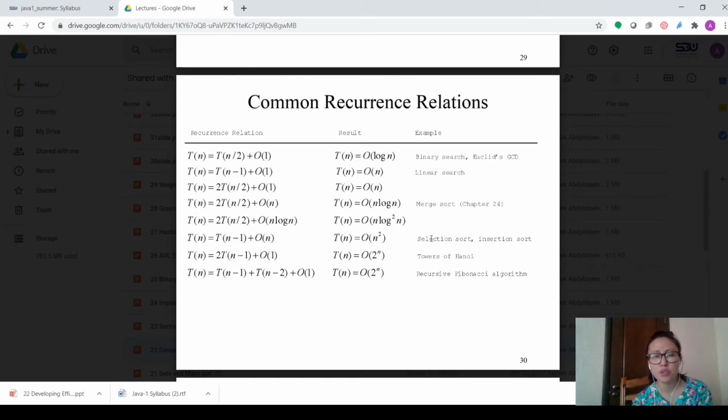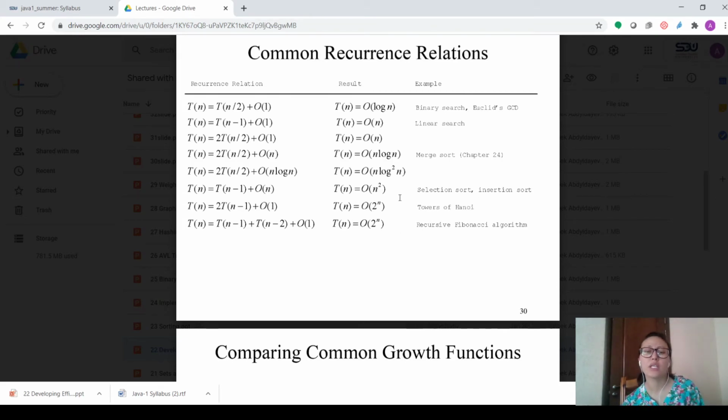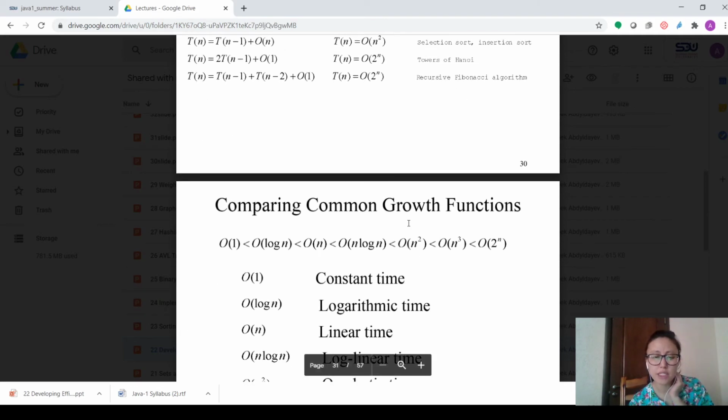For merge sort, it takes n log n time. Selection sort takes n squared time. Tower of Hanoi takes 2 to the power of n. And the recursive Fibonacci algorithm also takes 2 to the power of n as complexity.